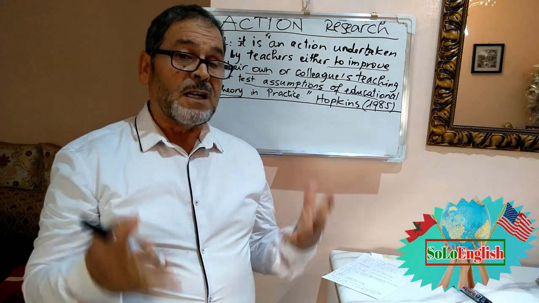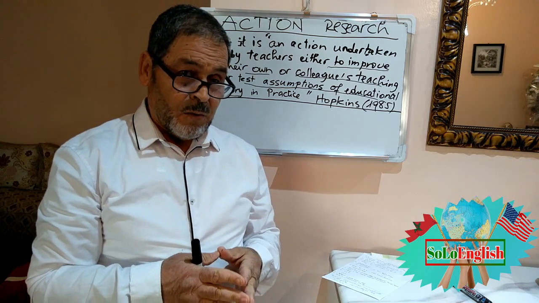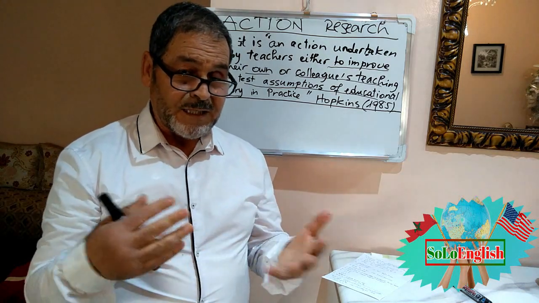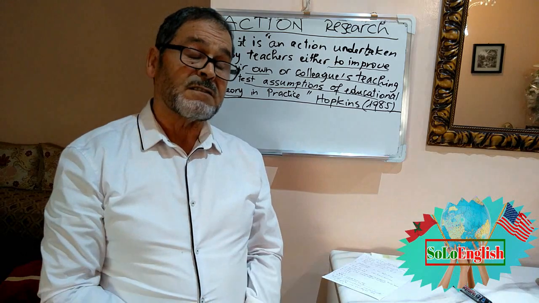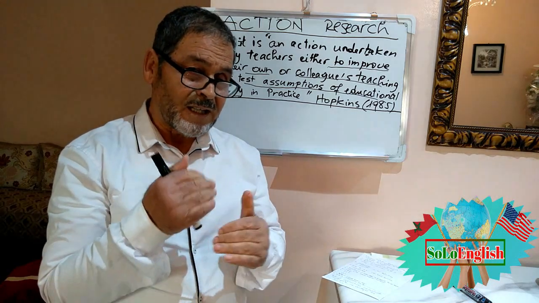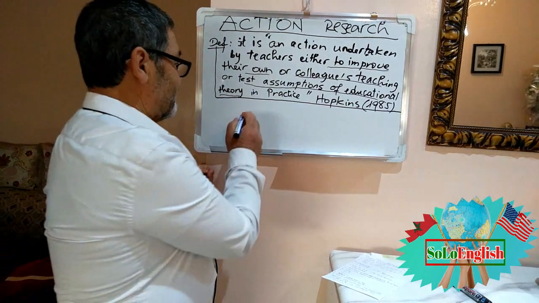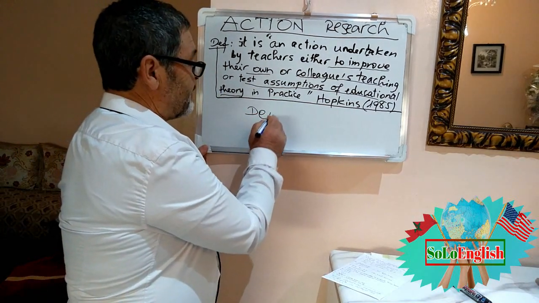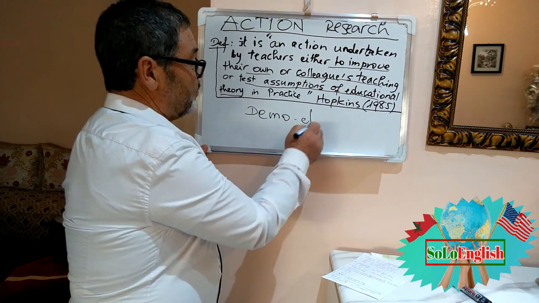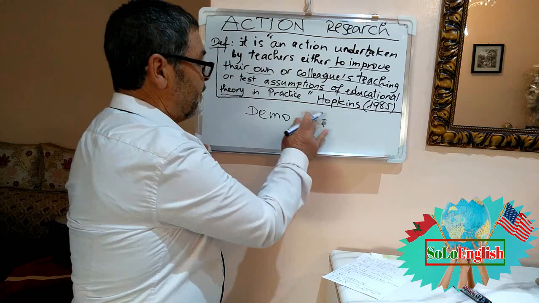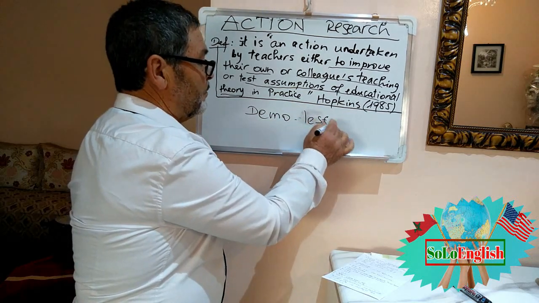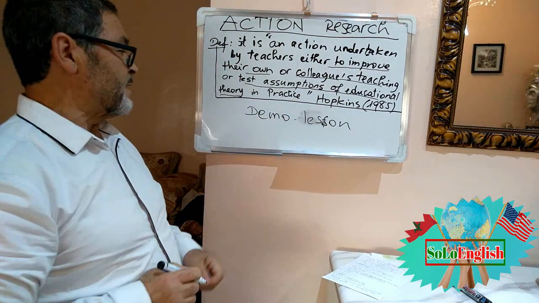Well, we know in teaching, we have meetings with the inspector. Teachers and the inspector meet each other and they organize what we call demo lessons. Demo lesson or model lesson, we can say model lesson or demo lesson.